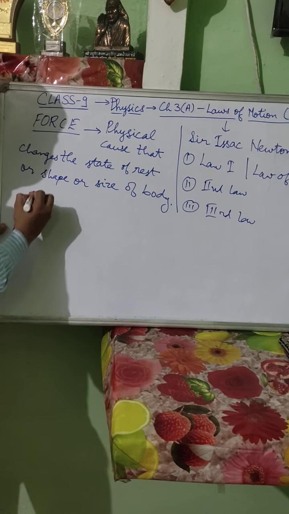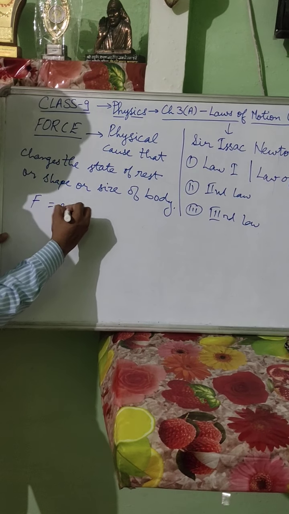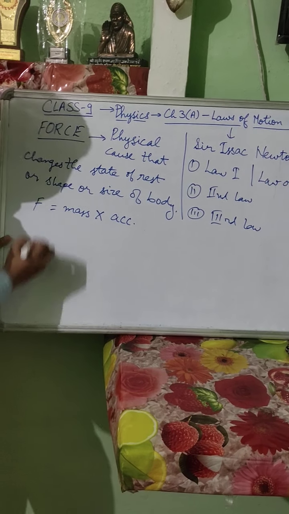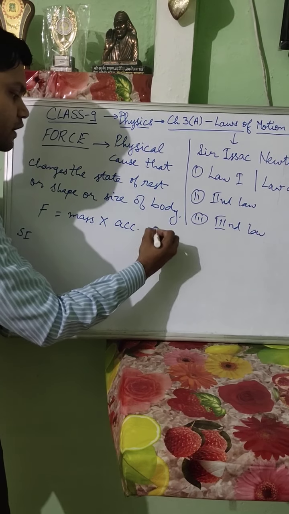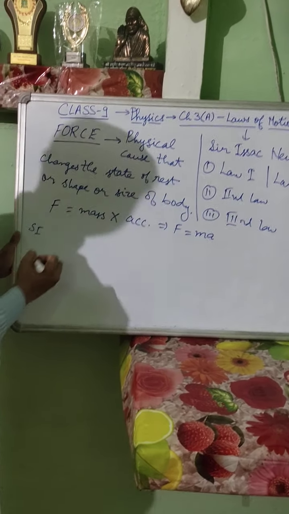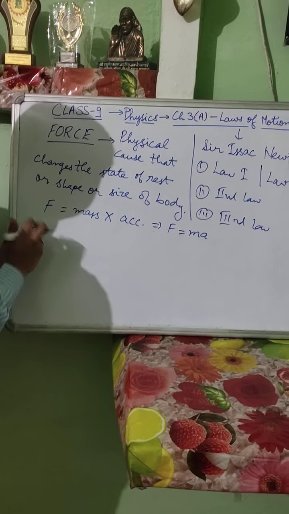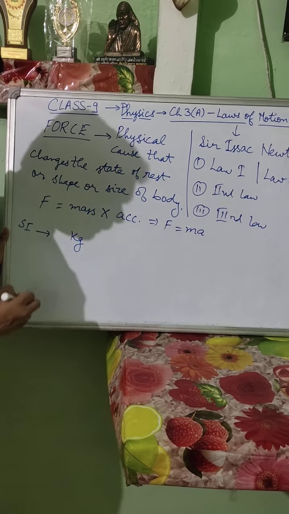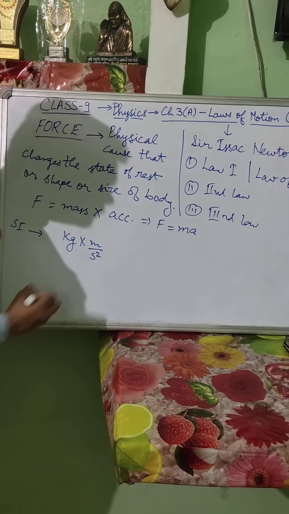Force is denoted by the symbol capital F. Mathematically, force is equal to mass into acceleration. In short we can also write F equals ma, where m stands for mass and a stands for acceleration. The SI unit of mass is kilogram and the SI unit of acceleration is meter per second square.